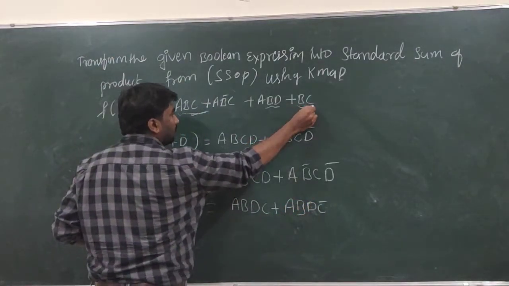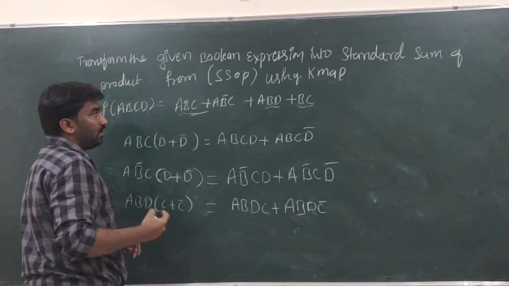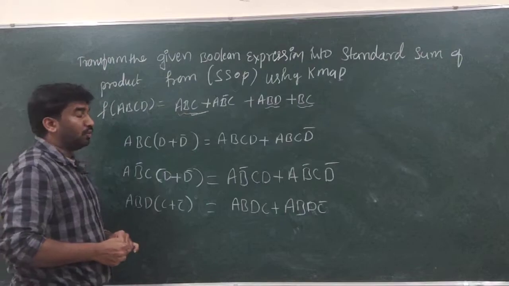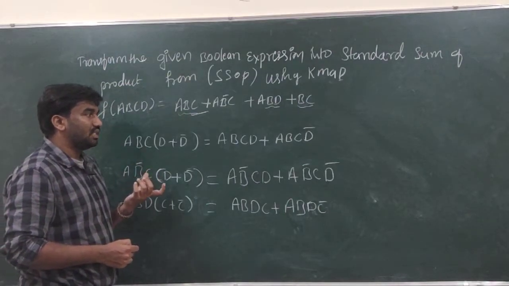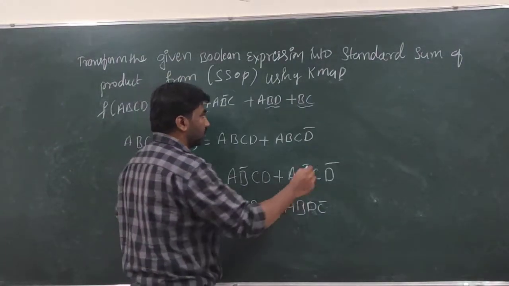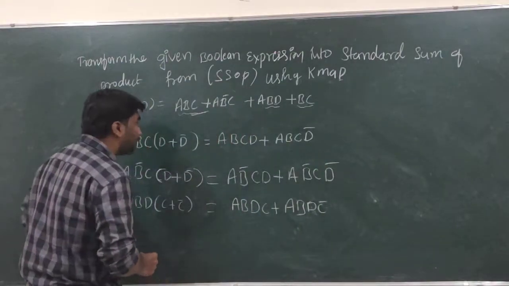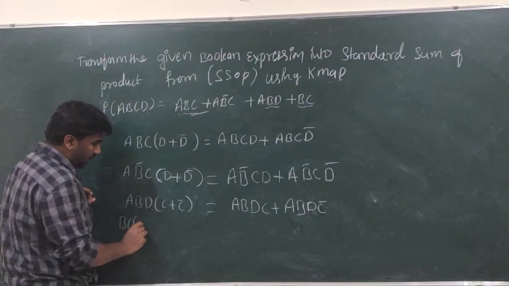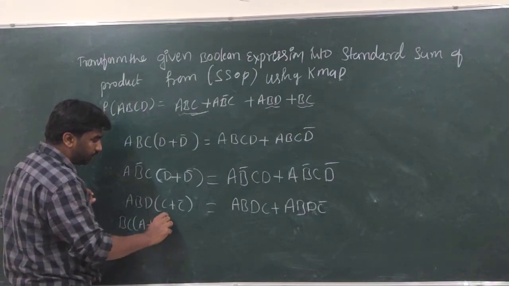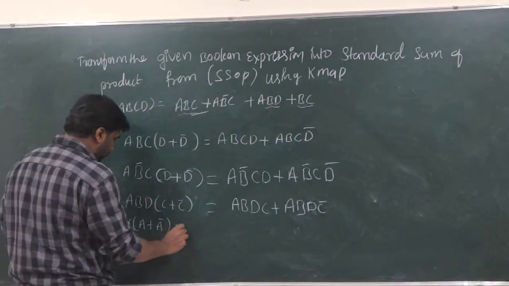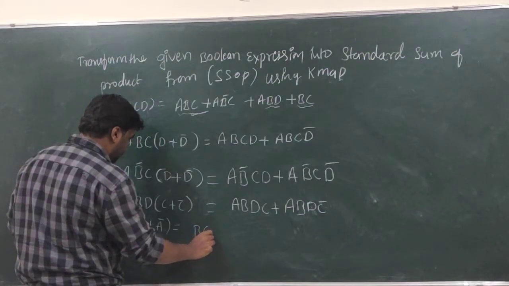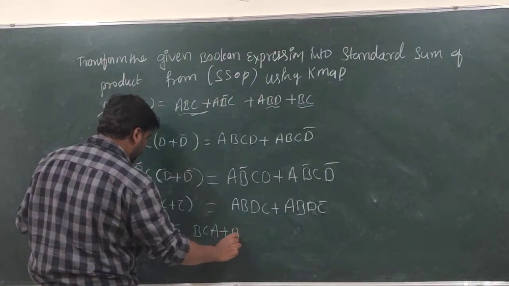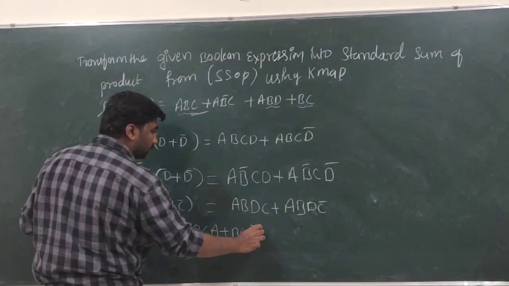Here in the fourth term 2 variables are missing, one is A and another one is D. So you have to multiply both variables separately. First for this B, C, I am multiplying A plus A bar, which is equal to B, C, A plus B, C, A bar.